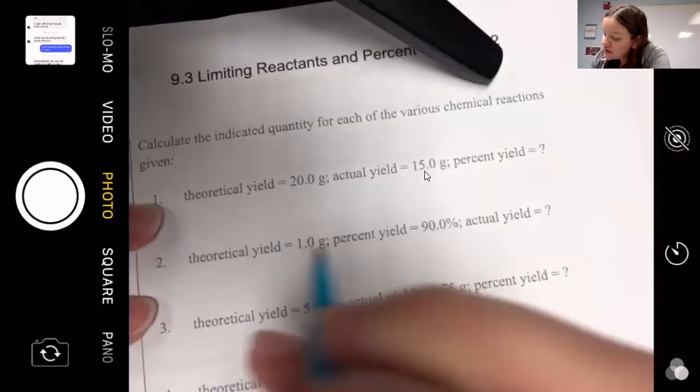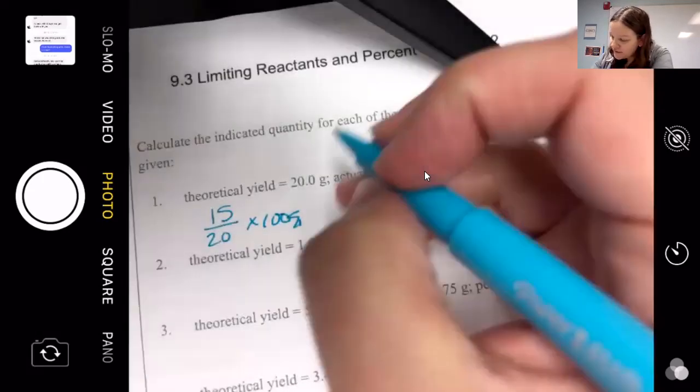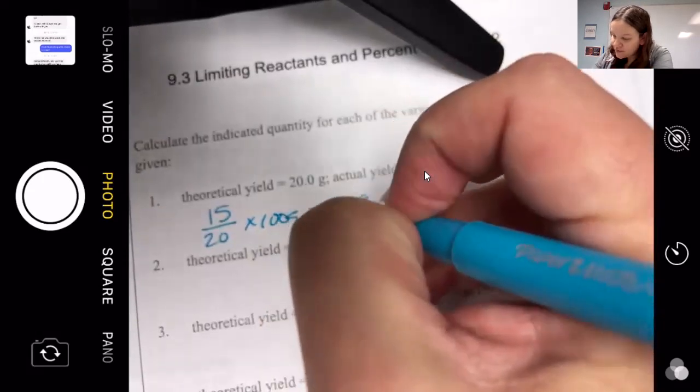So to find the percentage yield for this one, we are going to do the 15 over 20 times 100%. So 15 out of 20, so this is 75%.